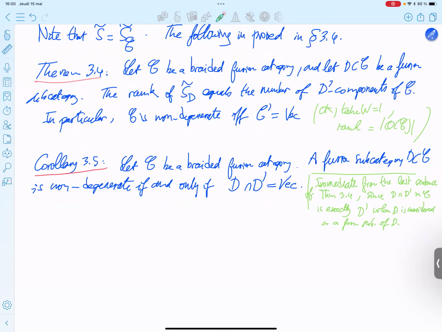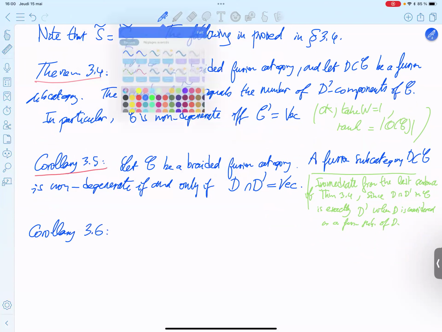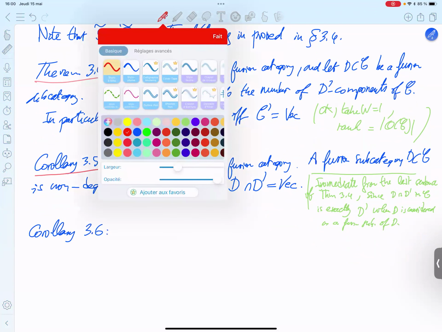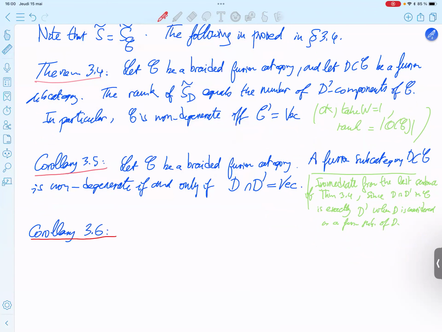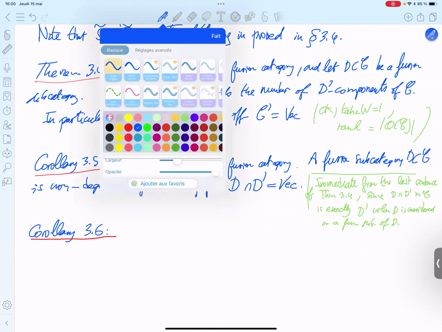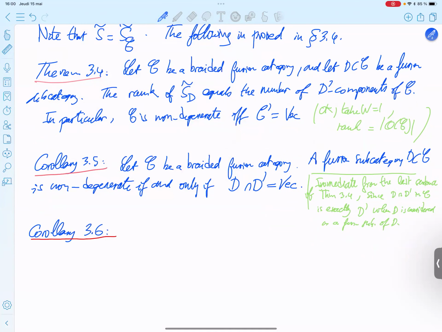So next, Corollary 3.6. Now it's not about D to be non-degenerate.